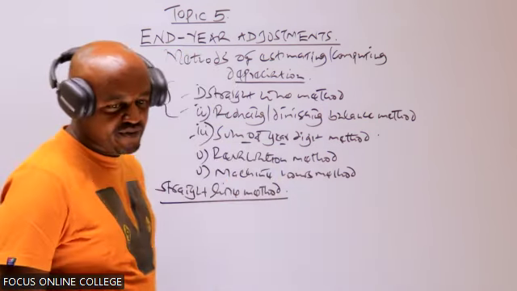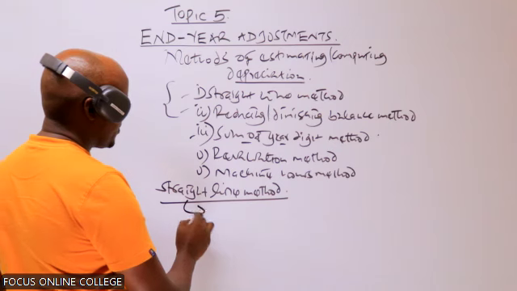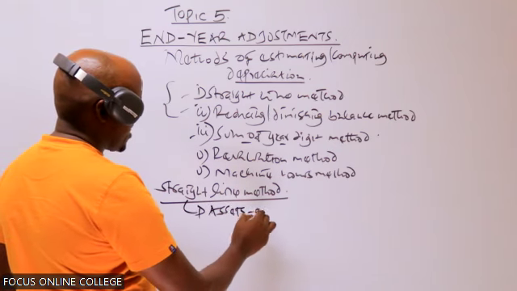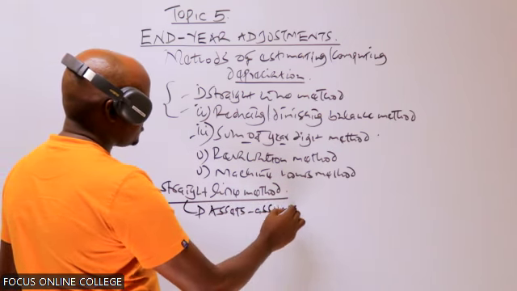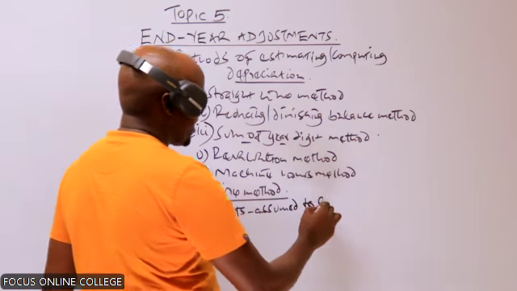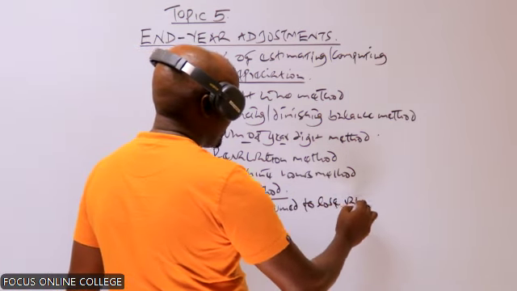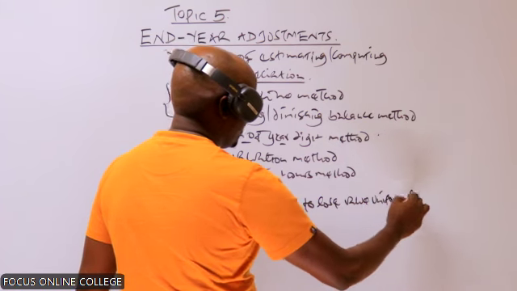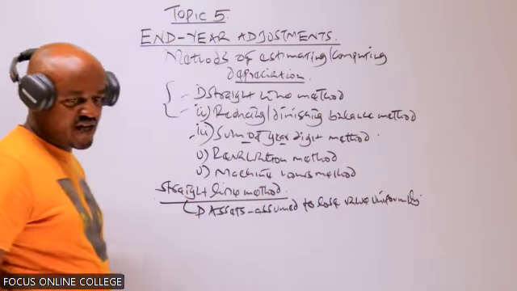So under this method, assets are assumed to lose value what? Uniformly throughout their useful life.